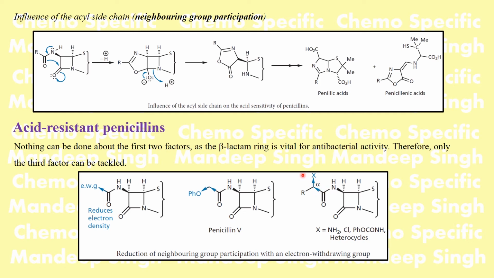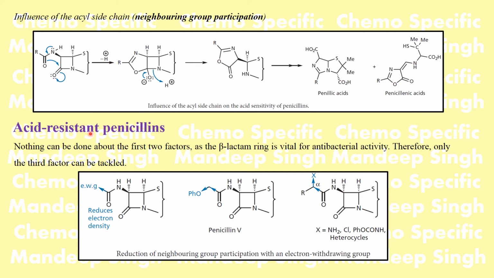All these groups withdraw the electron density from the carbonyl, which makes penicillin acid resistant. Having an amino group here gives rise to the class of amoxicillin, ampicillin, those types of antibiotics.